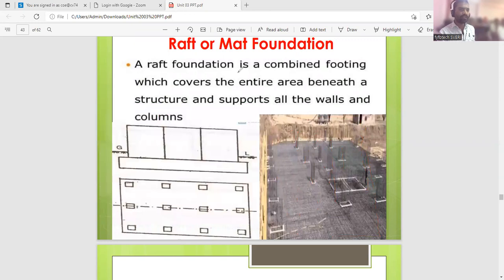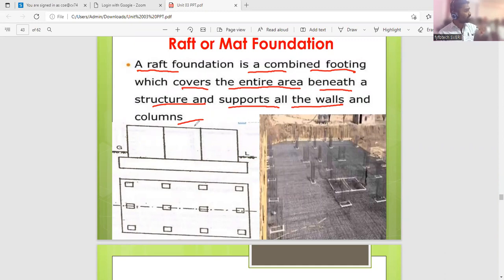A raft foundation is a combined footing which covers the entire area beneath a structure and supports all the walls and columns. Understood? So raft foundation is provided for the entire area beneath the columns and walls.